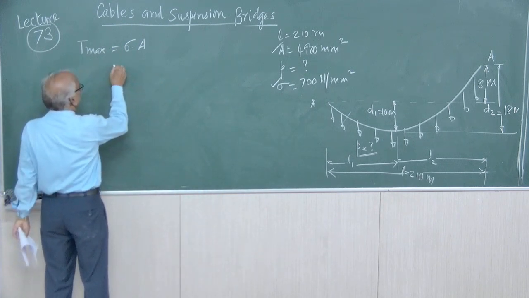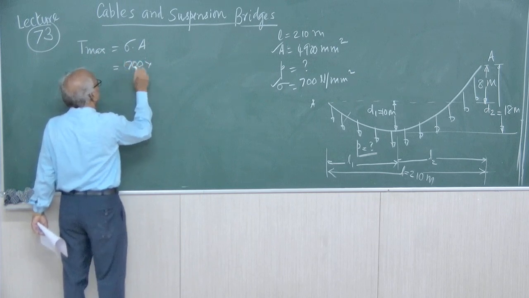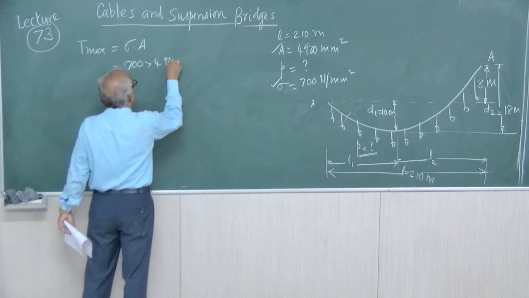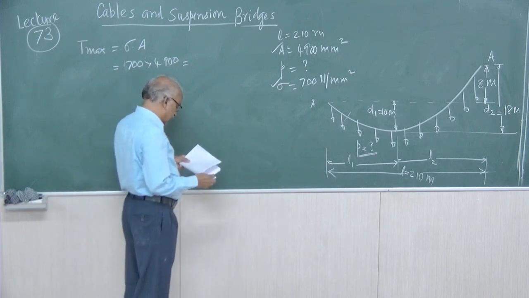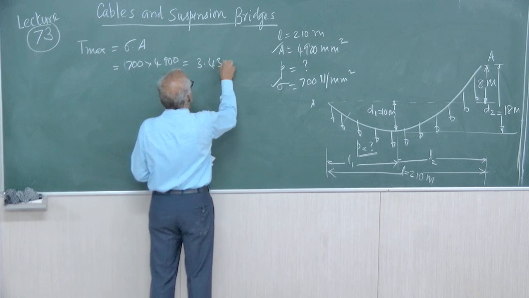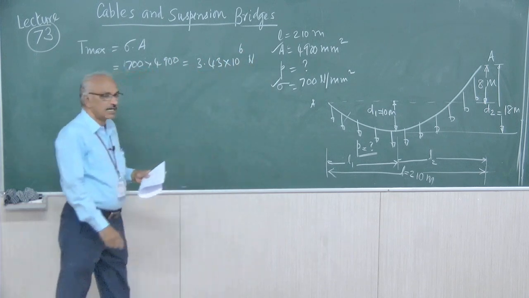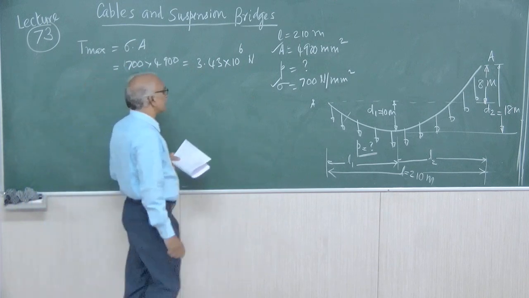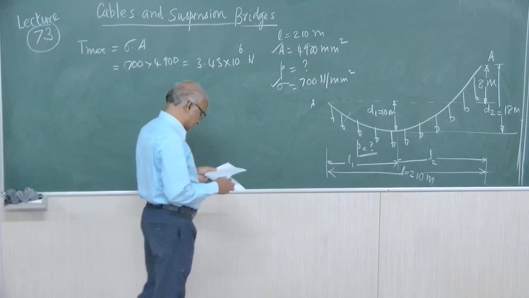So the maximum tension in the cable is 4,900 into 700 newtons, which equals 3.43 into 10 power 6 newtons. That is the maximum tension in the cable. So this is available now. We have got the value of T max.